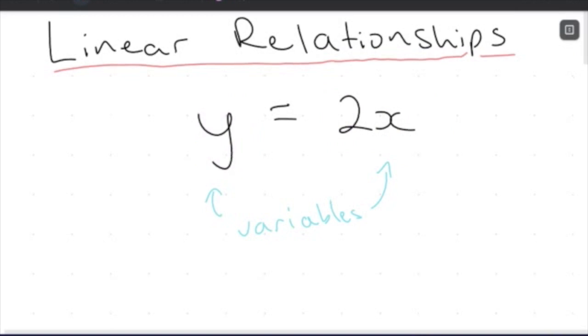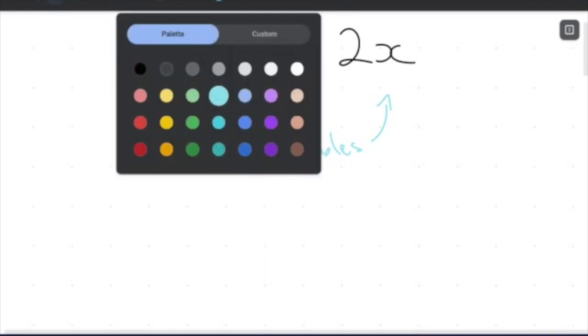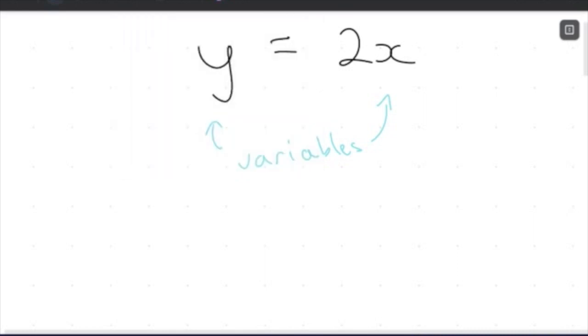Now, let's actually unpack what I've got here. In worded terms, y equals 2 lots of x. Writing this in a sentence, we can say that y is 2 lots of x, or just 2 times x.